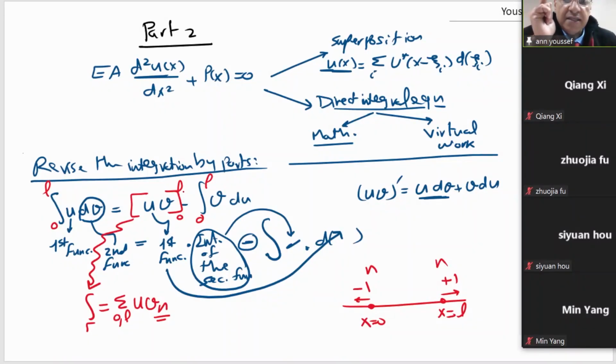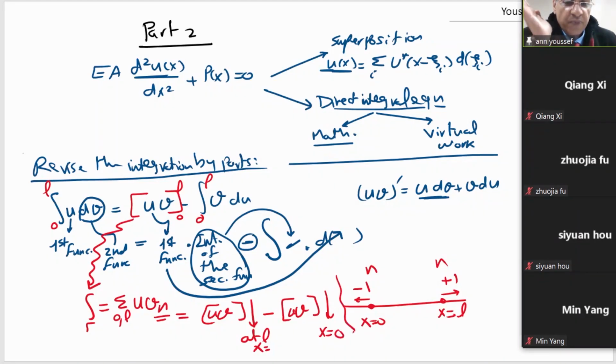Because of that, it is equal to the value of uv at x equal to L, minus the value of uv at x equal to 0. The minus comes from the normal, because we take either the upper limit values minus the lower limit values, or the summation at the upper and lower limits multiplied by the normal.